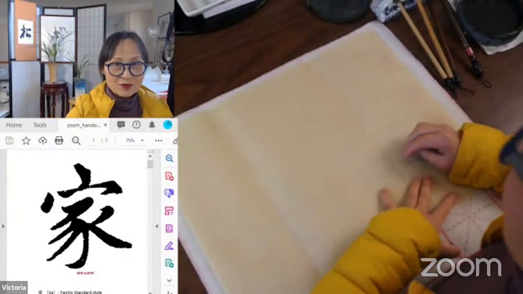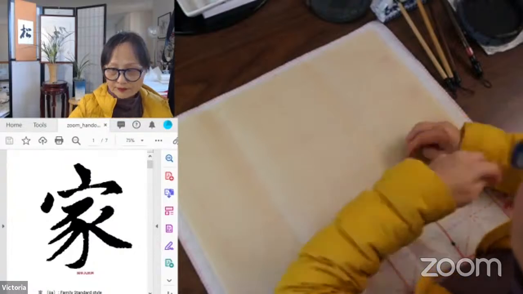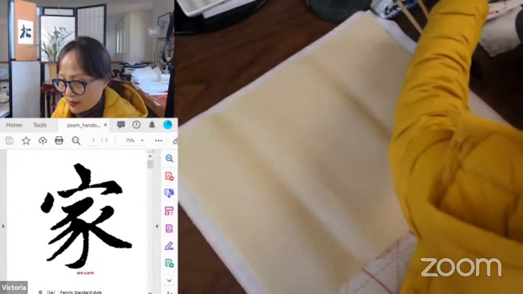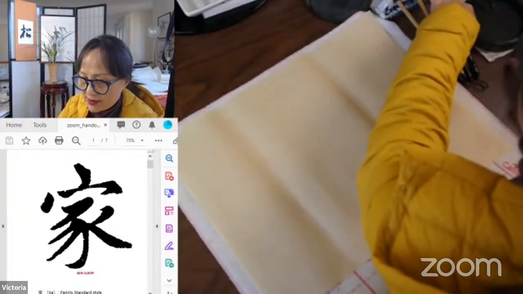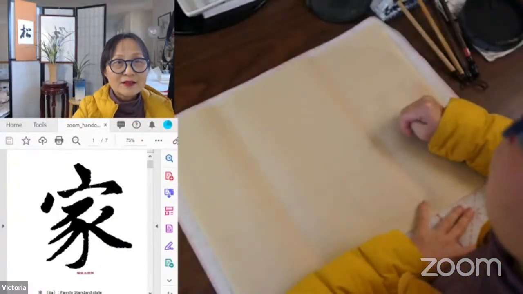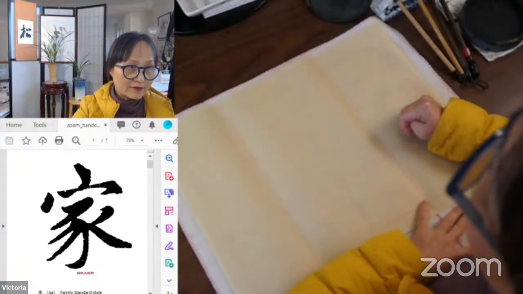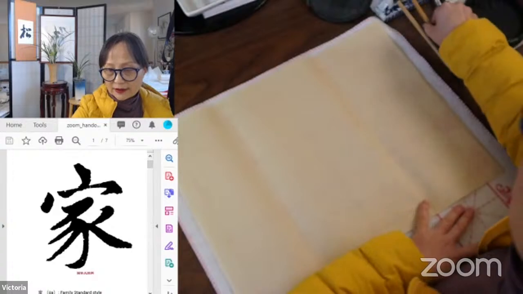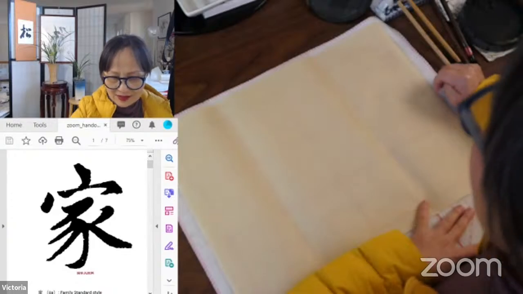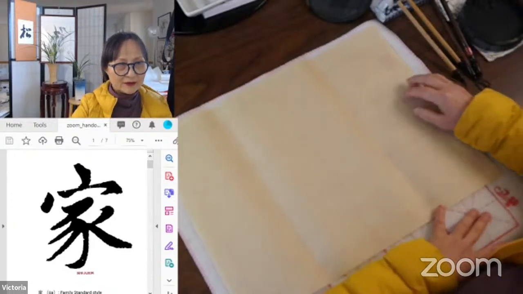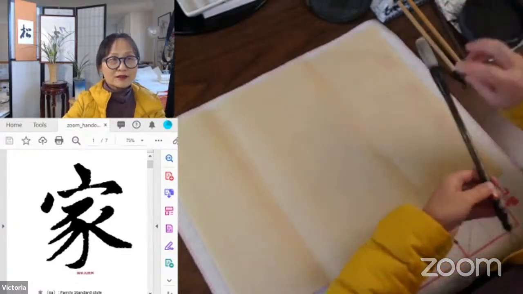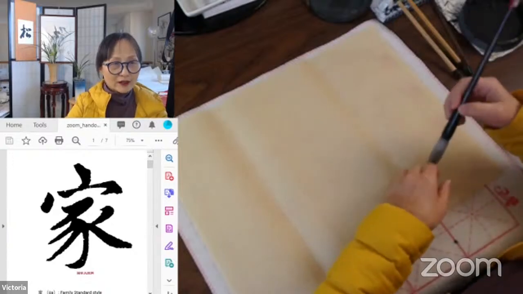Okay, Kathy's question about the handout: I give you sometimes three styles of the sample and sometimes four styles, because for some characters the cursive style is probably already familiar to somebody, but for common people now it's not very common to recognize.